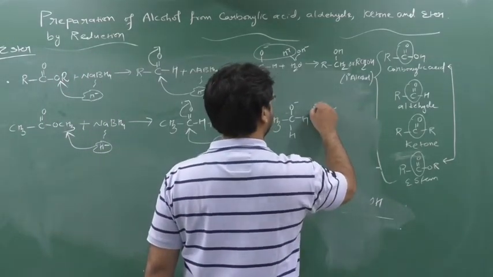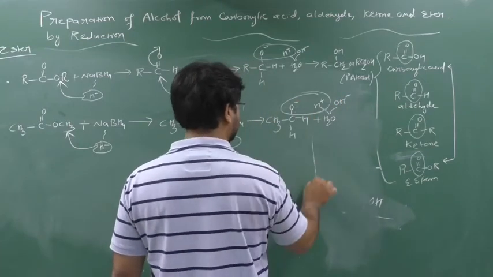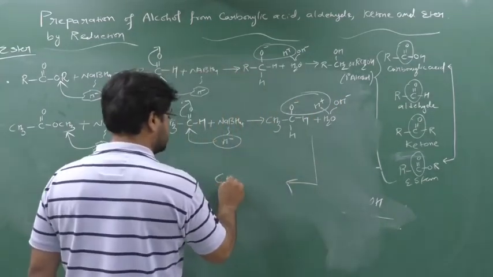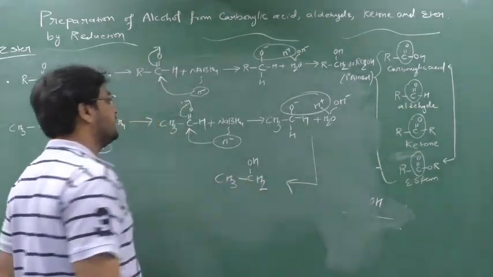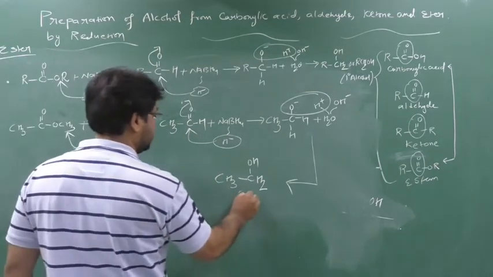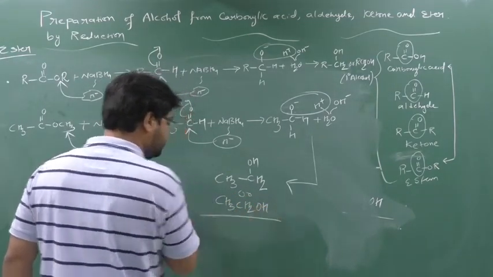It will split into H plus and OH minus, so they too will do the reaction. So it will form CH3, C, OH and here H2. So we got here CH3, CH2, OH.